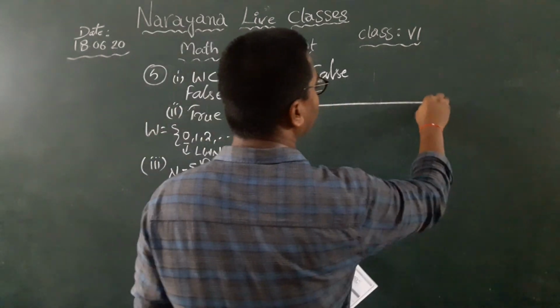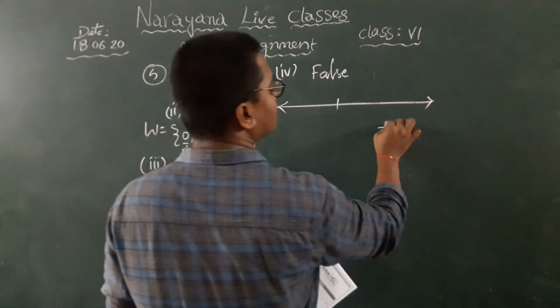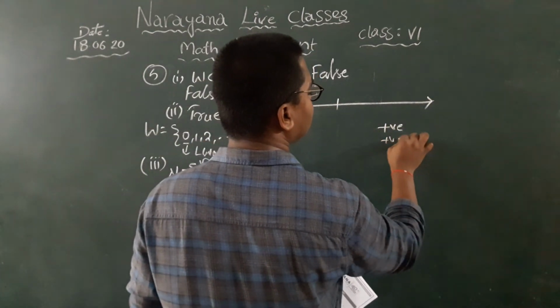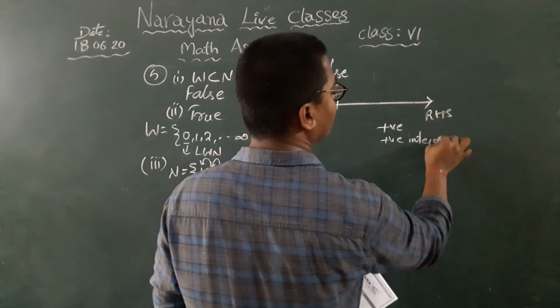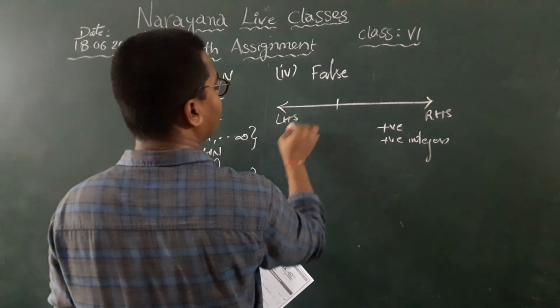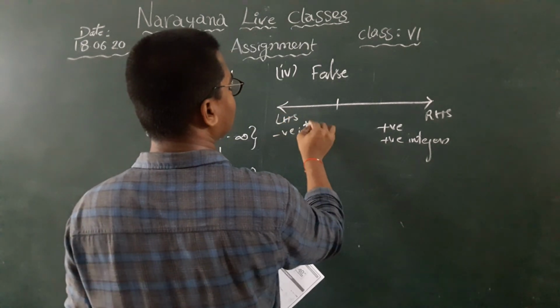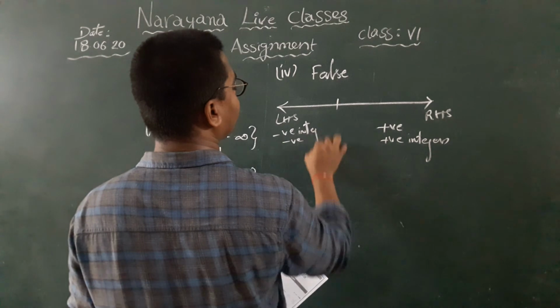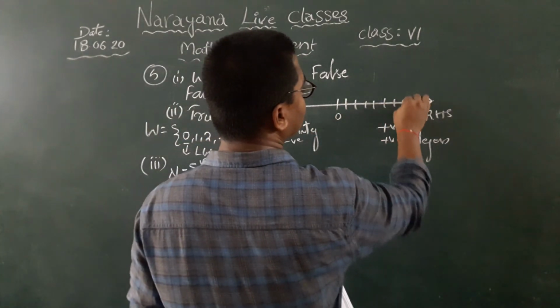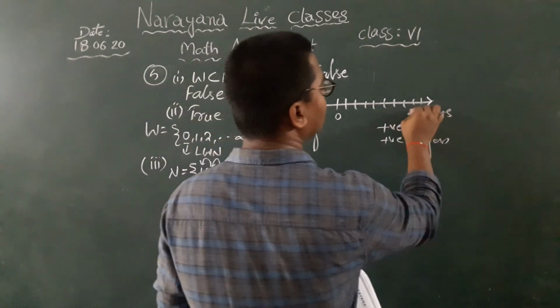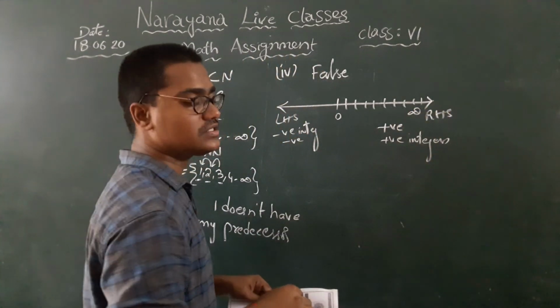When you take a number line, towards the positive direction we have positive integers. Yes or no, children? Towards the RHS we have positive integers, and towards the LHS we have negative integers, with negative signs. So in between is 0. When you write the integers over the number line, the greatest whole number is undefined.